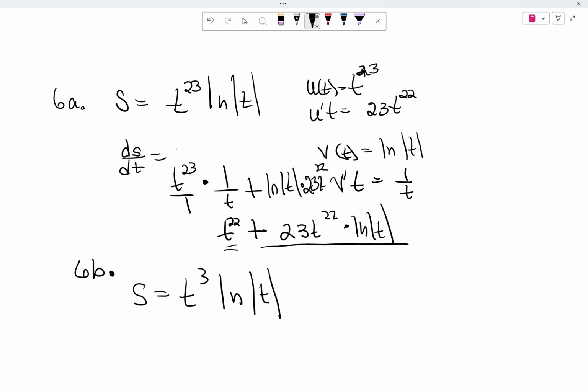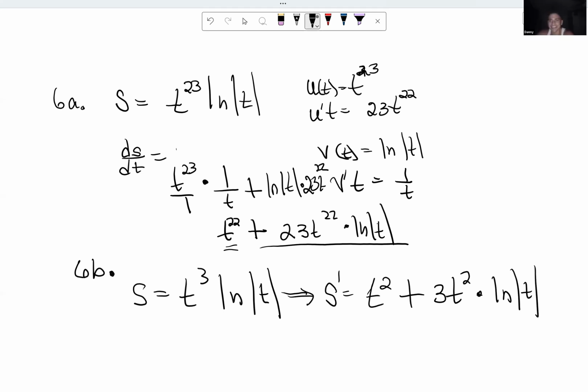It's like a slope, some y run over some x run. So what would be this first derivative? Well, I think it's t squared plus 3t squared times some natural log of the absolute value of t. That's what you said. All right. That's correct.